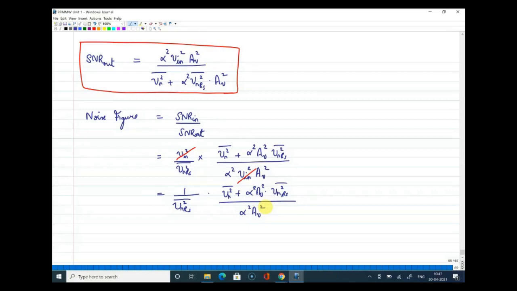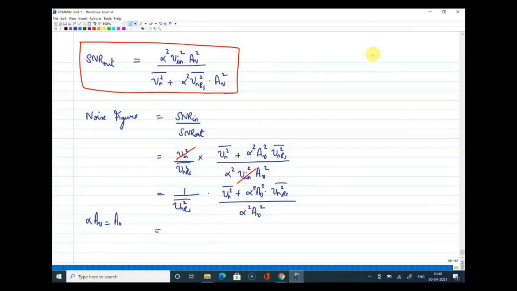All right. Now again, just for simplification, we can use alpha into Av as some factor A naught and simplify that.